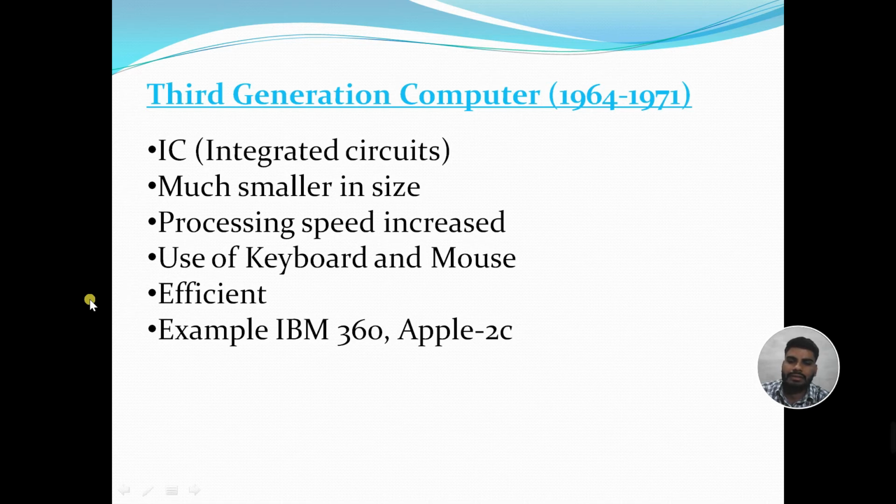Now in the third generation of computers, keyboard and mouse were used for the first time, and that made the use of computers easier. Examples of third generation computers are IBM 360 and Apple IIc.